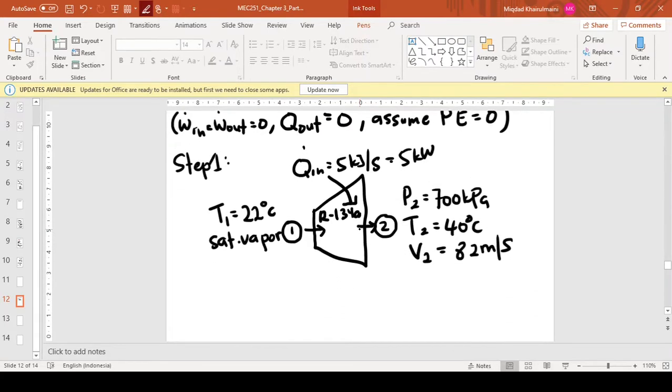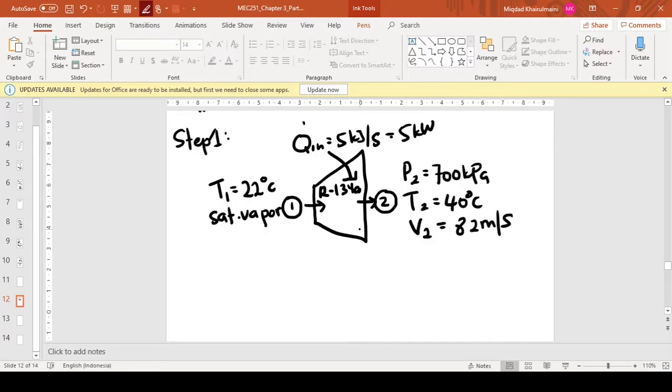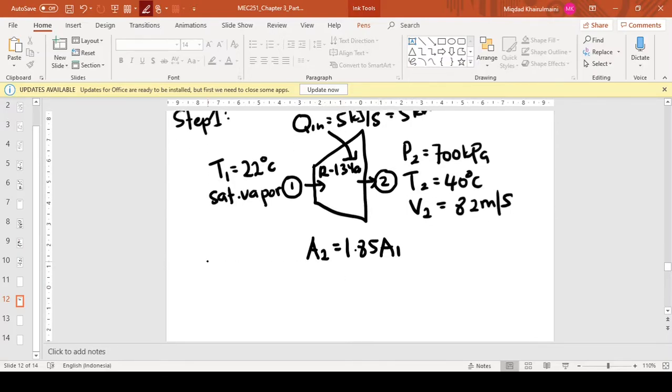If we were to write it as an equation, the exit area is 1.85 greater, meaning that A2 is 1.85 times A1. This is the relationship equation between the exit area and the inlet area, so we can also write that down. Now for step 2.